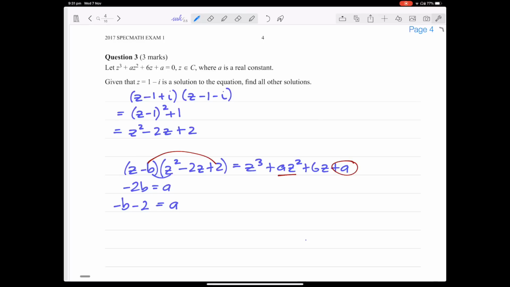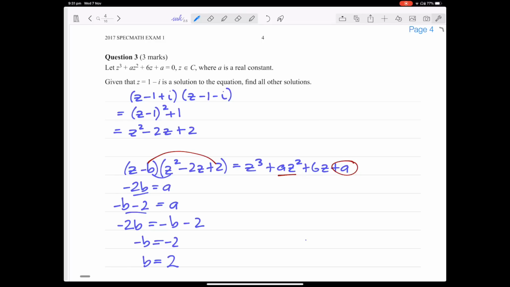Okay, so from here, we can let these two things be equal. So negative 2b is equal to negative b minus 2. So negative b is equal to minus 2, so b is equal to 2.